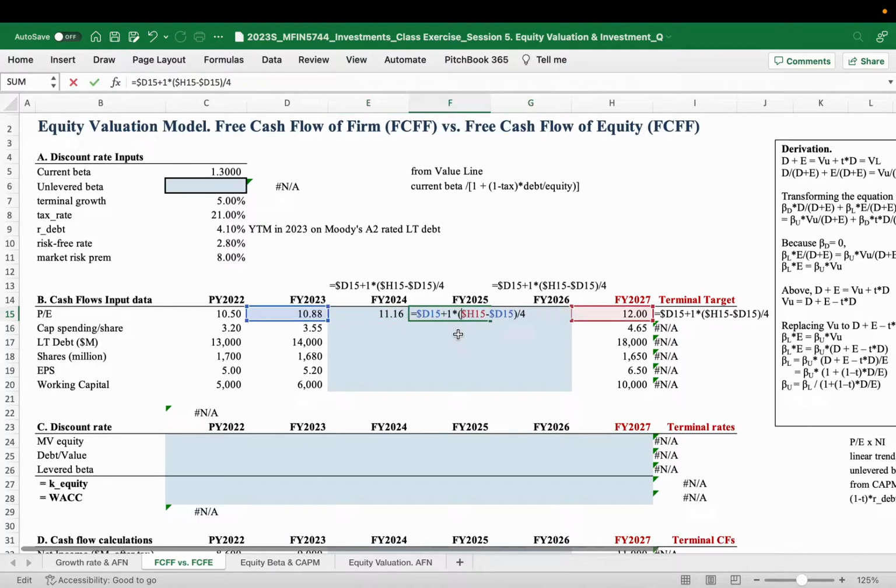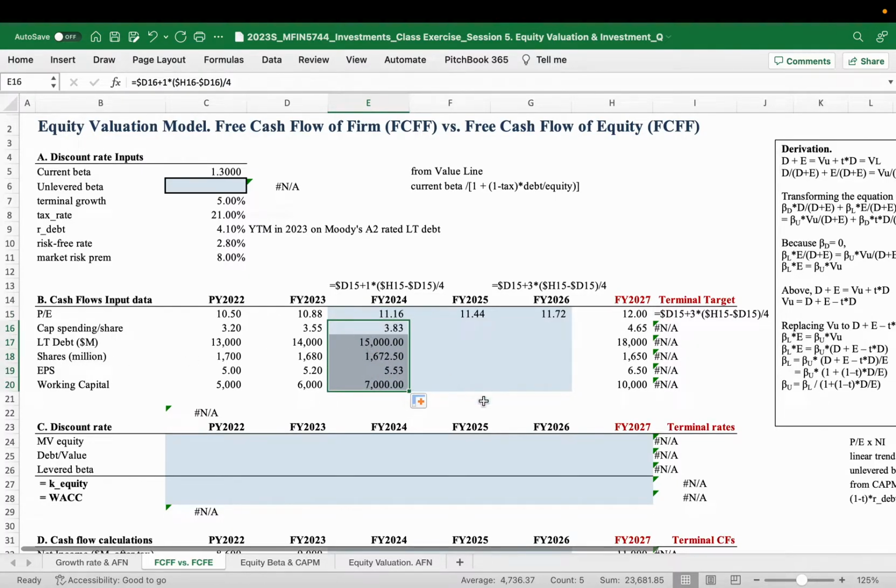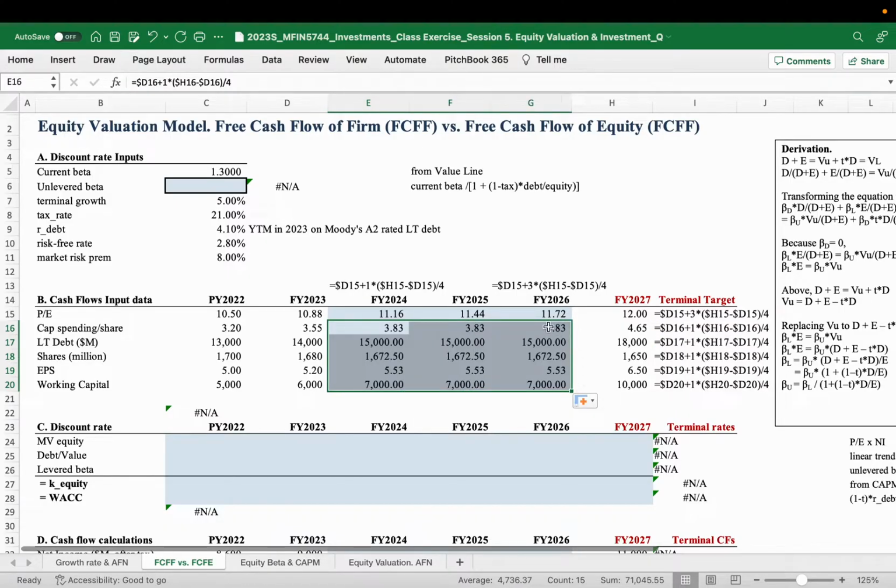But we need to change this to 2 years, right? 3 years of incremental changes to achieve this 12, the target PE ratio in 5 years. So let me just drag down, and we have the same forecasted cash flow input data.